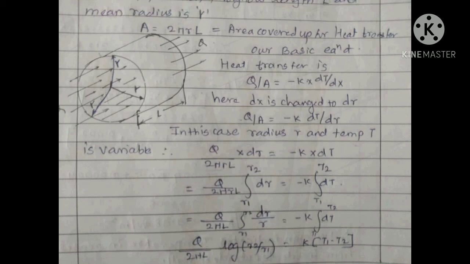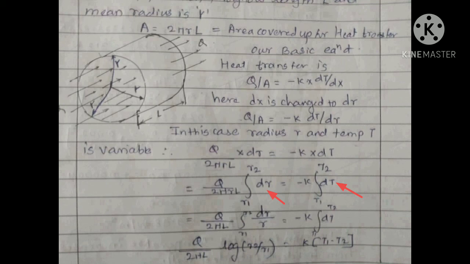That means the radius changes from R1 to R2 and the temperature also changes from T1 to T2. Rearranging the terms, q upon 2 pi r L into dr is equal to minus k into dT.